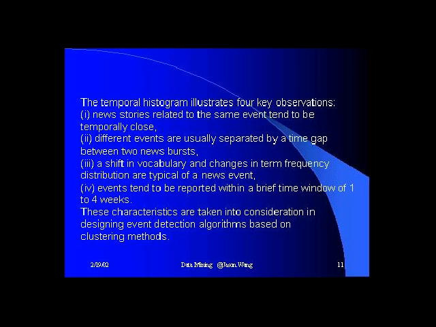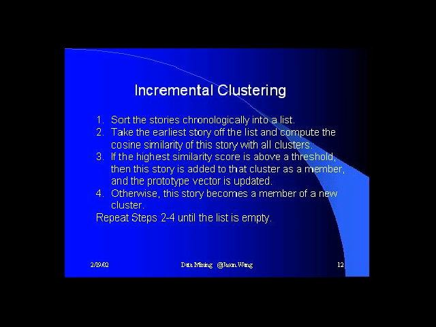Actually, most of these event detection algorithms are based on clustering methods, as you will see in our next example. This is a retrospective event detection algorithm. First we sort the stories chronologically into a list.